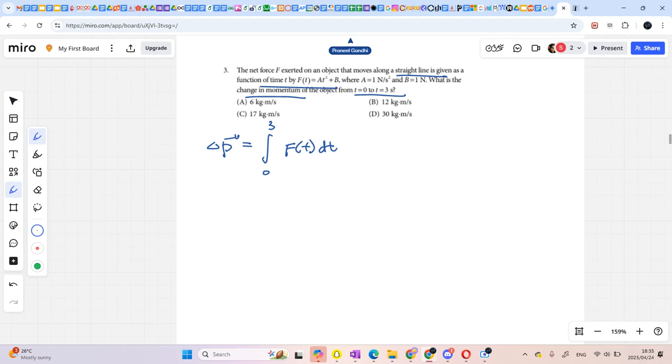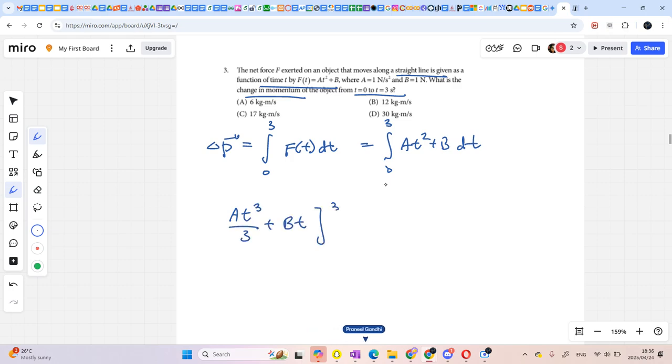So all we really need to do is plug this straight in, 0 to 3, at squared plus b dt, and then take the integral, relatively simple integral: at to the third, reverse power rule, bt, 3 to 0, plug that in.